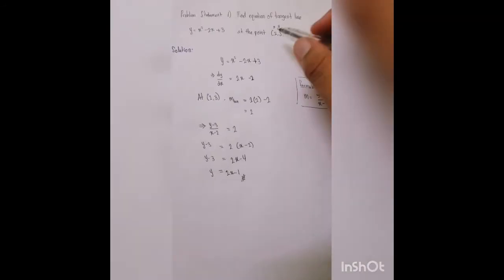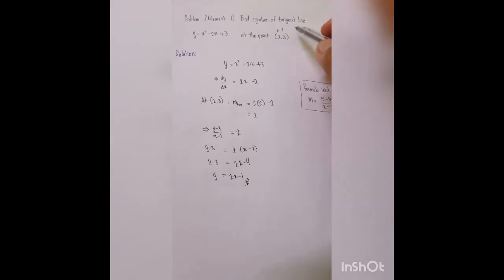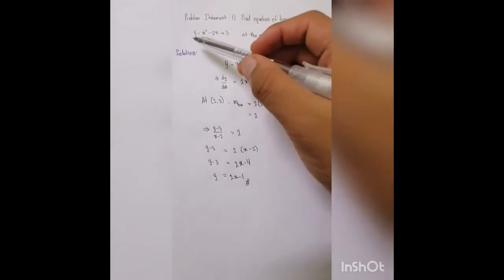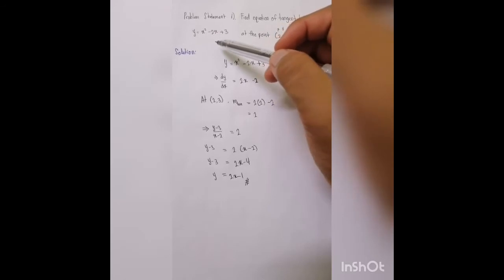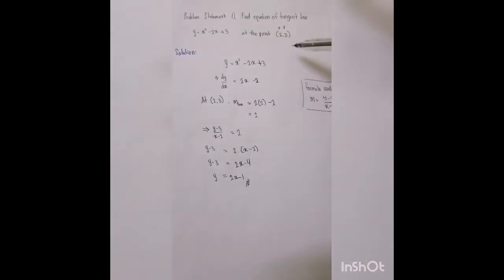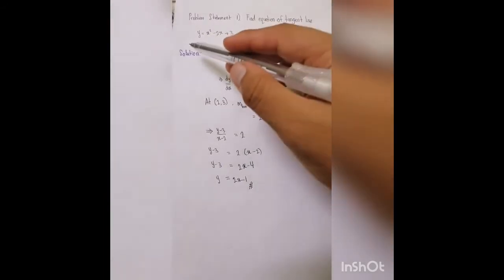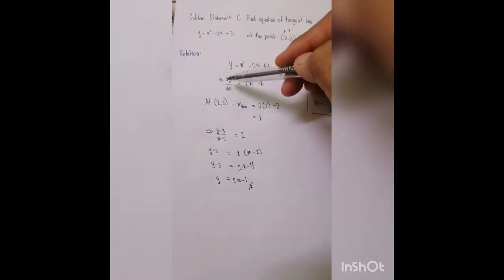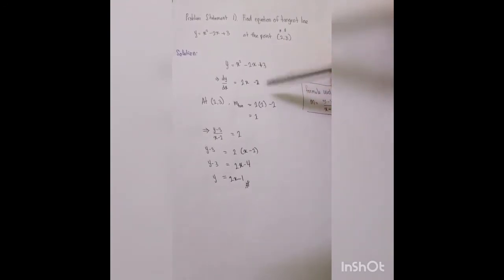So the question wants us to find the equation of the tangent line. The question gives us the equation of the curve y equals x squared minus 2x plus 3 and the point (2, 3). So first, from the equation of the curve, we must differentiate it. So we get dy/dx equals 2x minus 2.